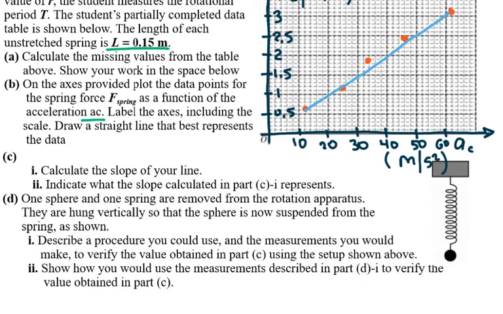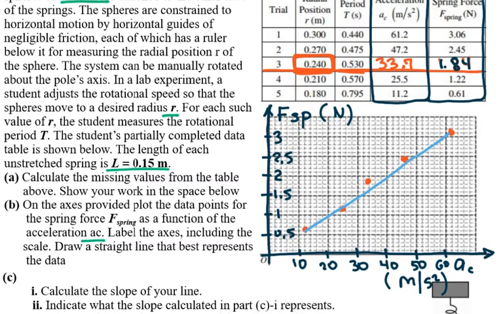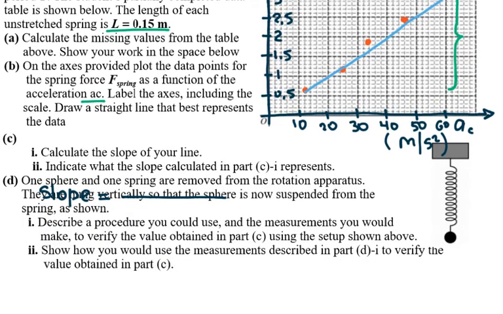The slope is rise over run, and from my graph I see that your rise starts at 0.61 and ends at 306, so that is 306 minus 0.61, that's that length.